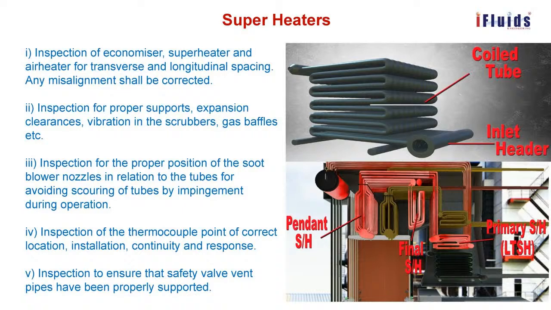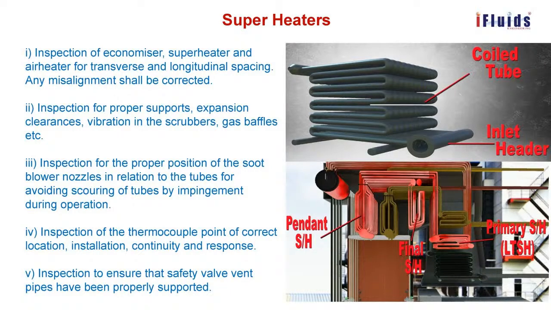The flue gas coming out from the furnace transfers its heat to the components wherever possible, and at the last, before going to the stack, the economizer is there. This is a coiled tube, inlet header, and this should be the outlet header. Through this the boiler feed water is preheated.